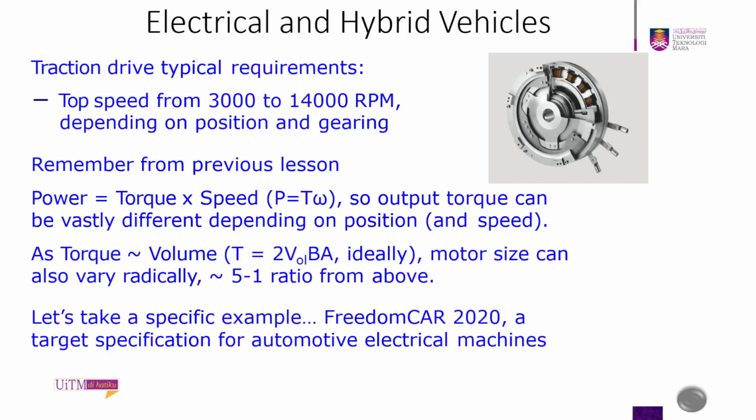So output torque can be vastly different depending on the speed, and the torque is also dependent on the volume. There is another equation that describes the torque: torque equals 2 multiplied by the volume of the motor, multiplied by magnetic density, as well as the area of the motor. Motor size can also vary radically.